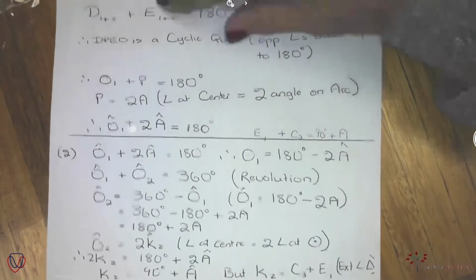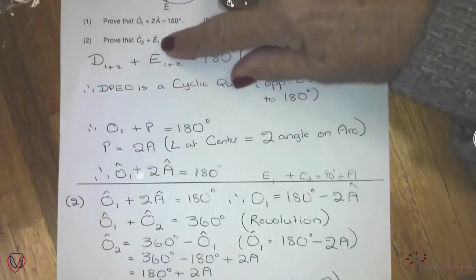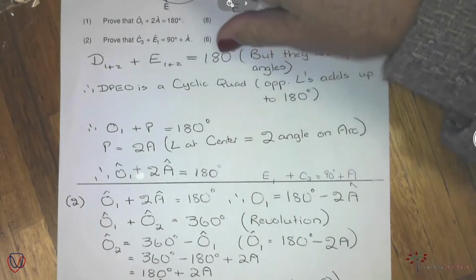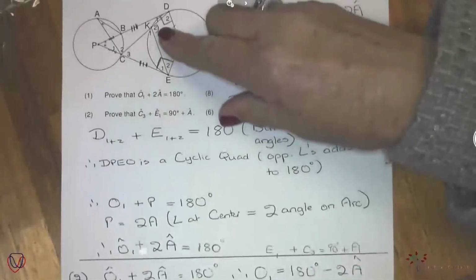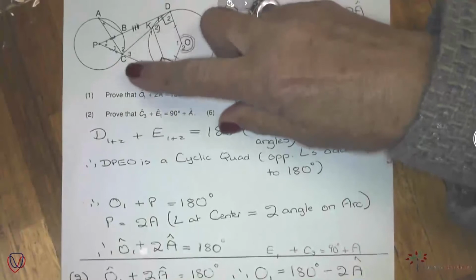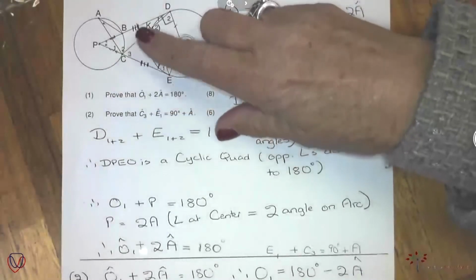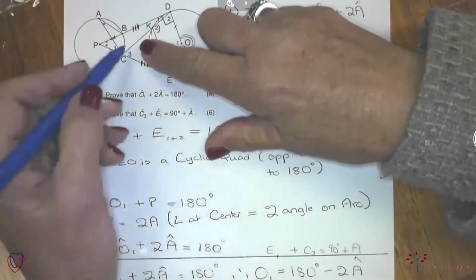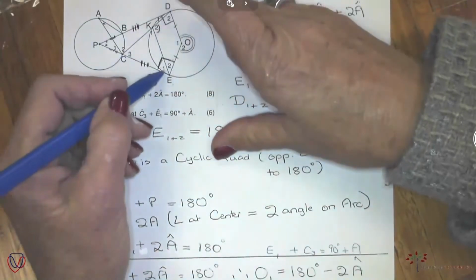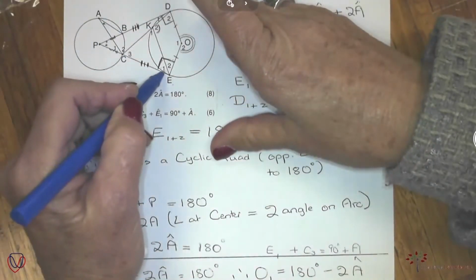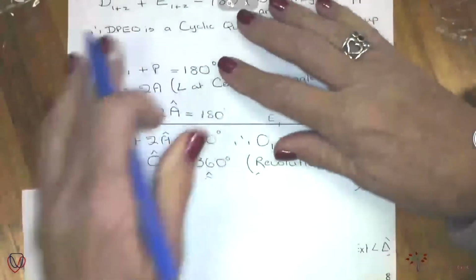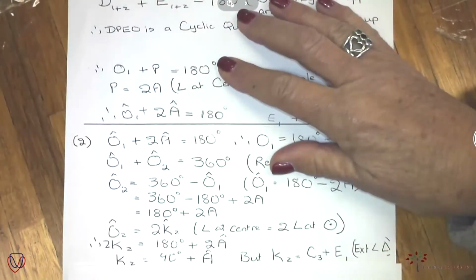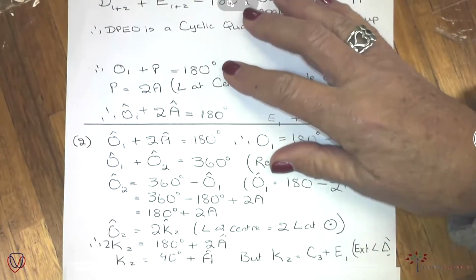Look at that. There was the question. See, K2, let's go to the sketch, is the exterior angle of this triangle here, and it will be equal to C3 plus E1. We've got K2 now. K2 is 90 plus A.